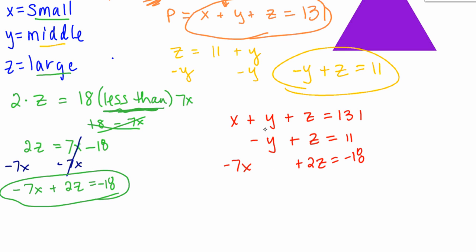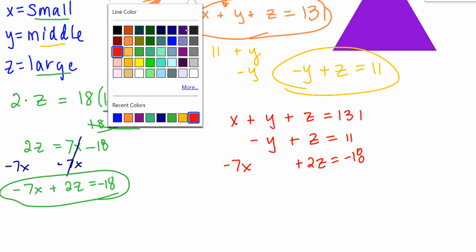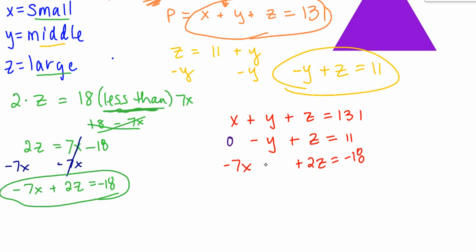Notice that I left that space for x and for y to remind us that there are zeros. There's 0y there and 0x there because our augmented matrix needs something in that spot. 1, 1, 1, 131, 0, negative 1, 1. You guys don't need me to recite them to you.